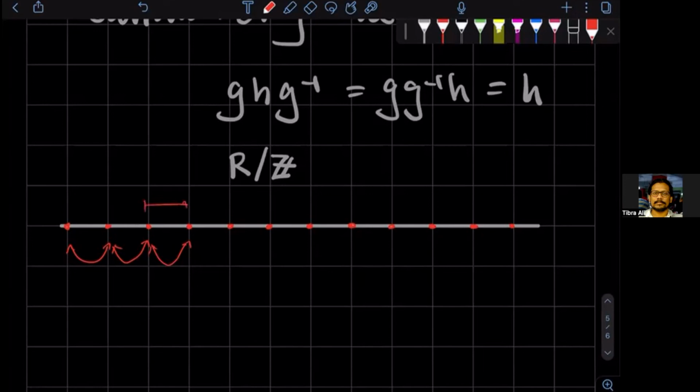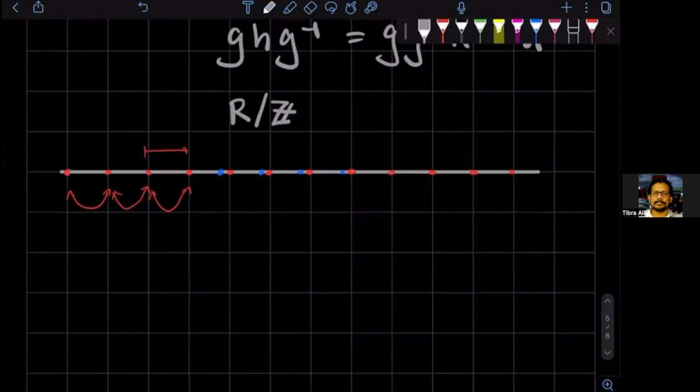So you're also identifying this point with this point, and this point, and this point. Can someone tell me... it's a circle, exactly. So it'll look like a circle. So you immediately know that the circle is going to be some sort of a group.